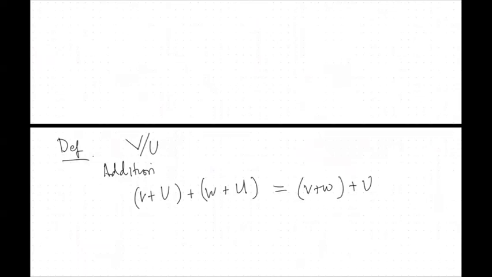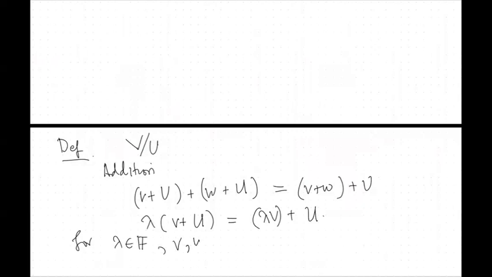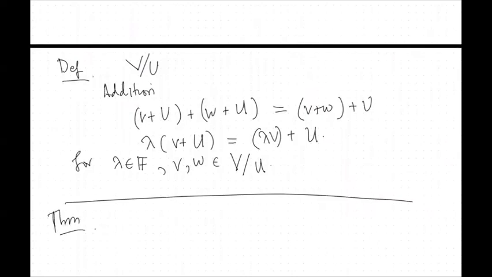So what are the elements of V mod U? (v + U) + (w + U) is just (v + w) + U. And also, if we have lambda, then lambda(v + U) is just (lambda v) + U. This is for lambda in the field and v and w in the vector space, sorry, in the quotient space V mod U. Because of this, we have the following theorem that V mod U is a vector space, of course over the ground field F here.